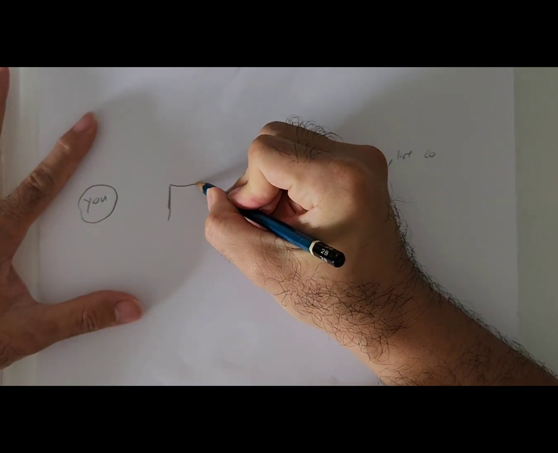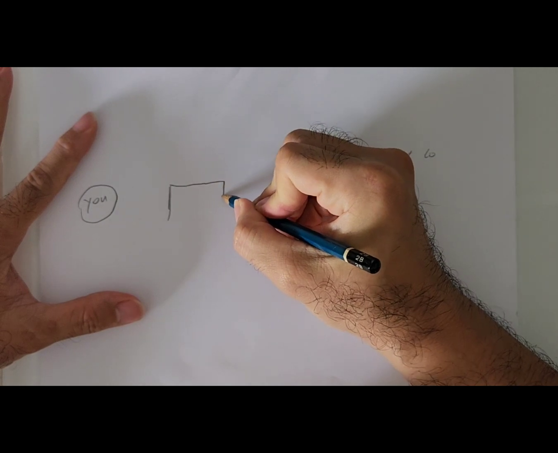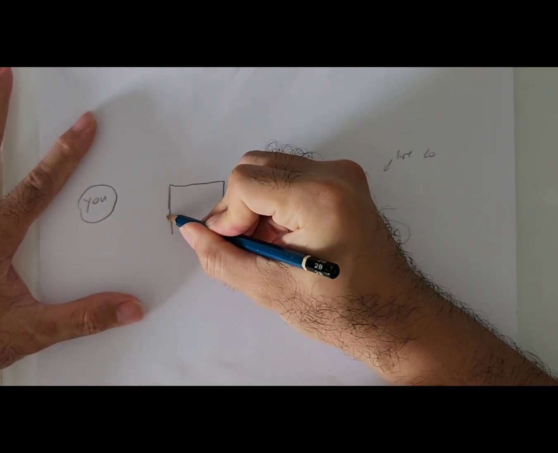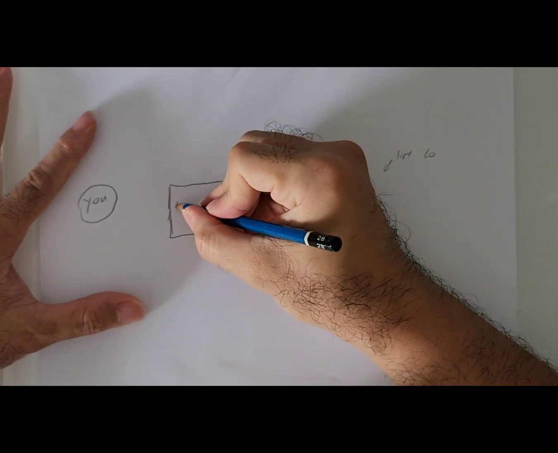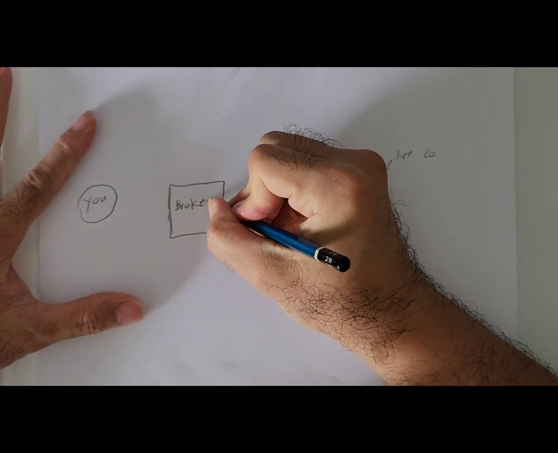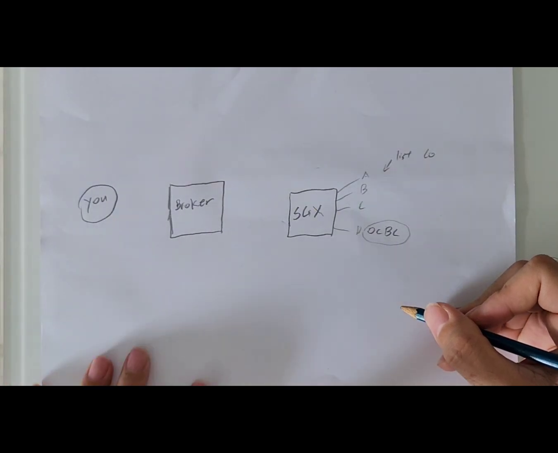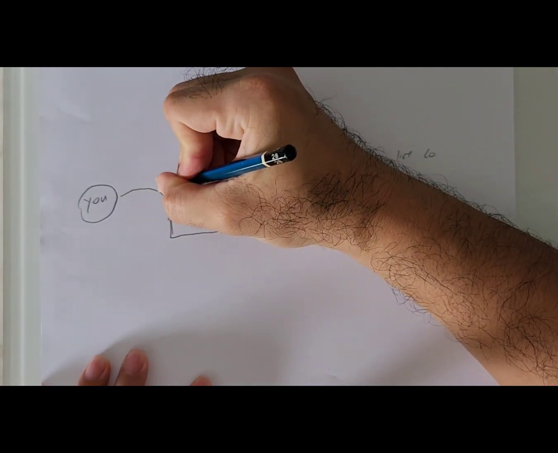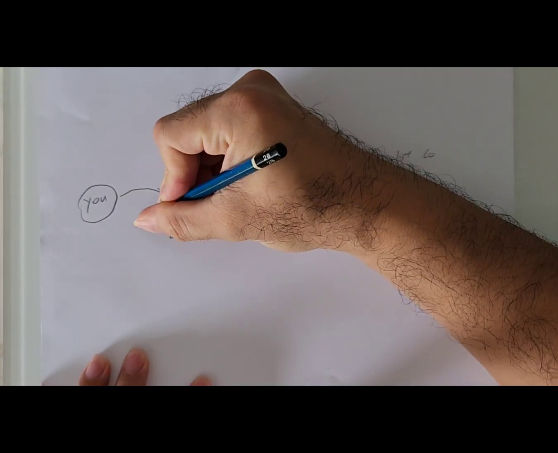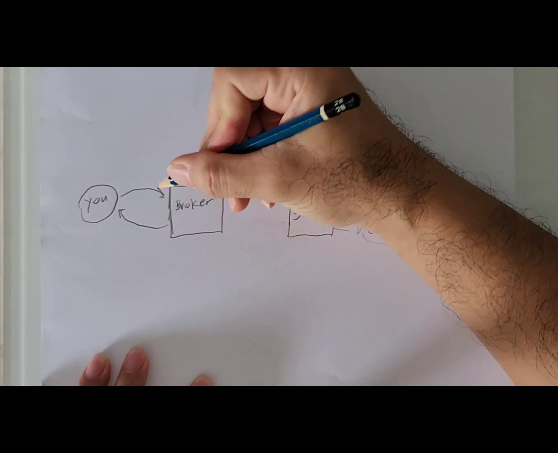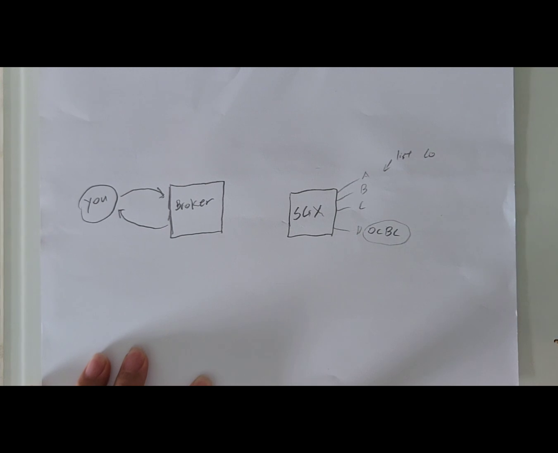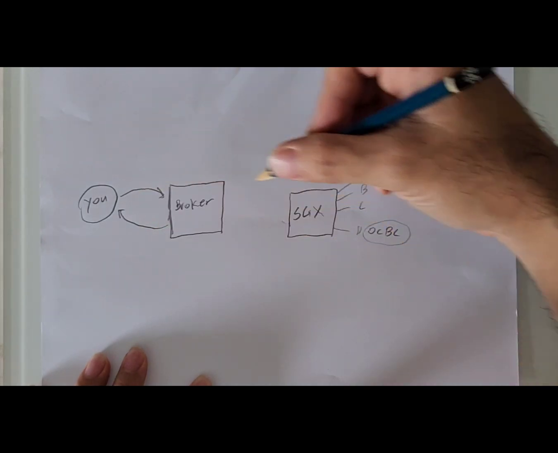I'll draw a square for every institution that is seen in this diagram. So you go to a broker, and this is a two-way relationship. You send the broker instructions and money, and they will send you back shares and reports.